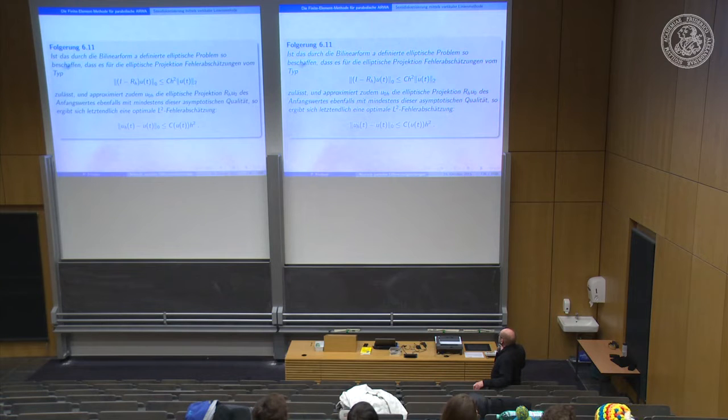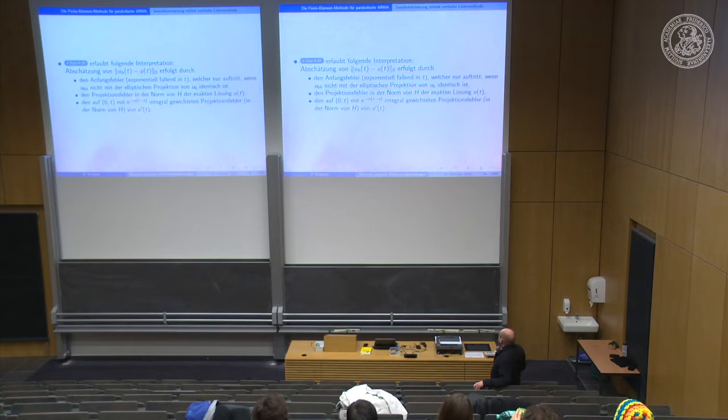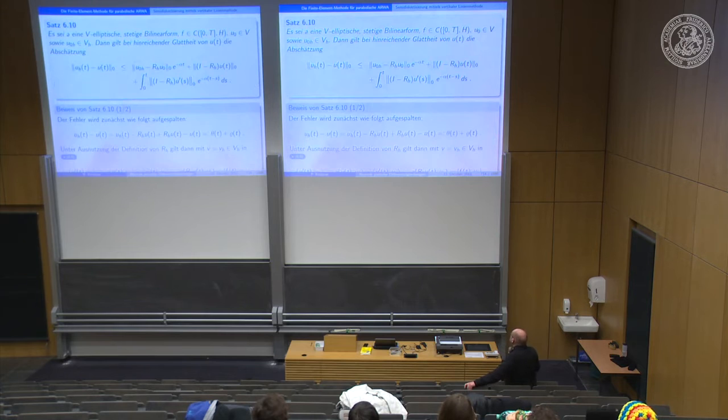Then if the approximation of the initial data is of this order h squared, we get an order of convergence h squared, because then we can go back to this estimate and say, okay, we have here a term which behaves like h squared. This is then damped in time very strongly. Here we have a term which behaves like h squared with no damping. And here is also a term that behaves like h squared, correspondingly damped, at least for the past.